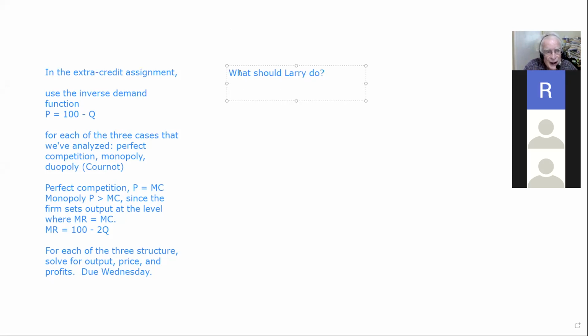Let's see. Suppose that Larry, who is a poor shot, shoots Moe. Then he eliminates Moe from the game.